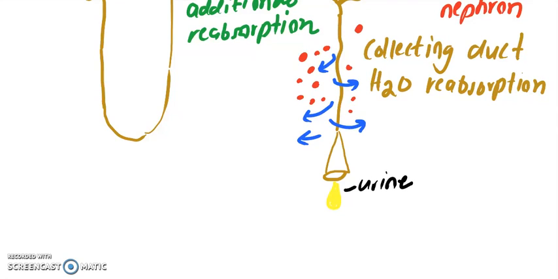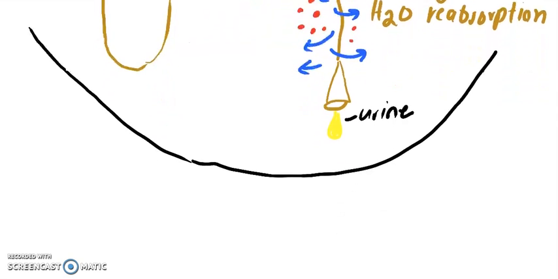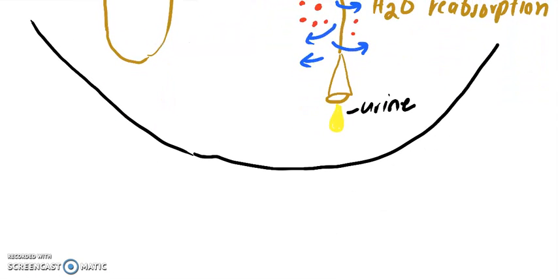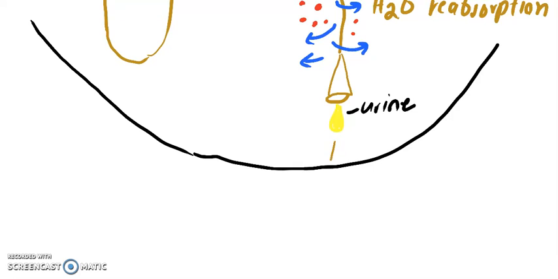And if you remember, this was part of the renal pyramid. Now we're at the base of the renal pyramid. Urine's going to travel down in this direction. It's going to hit the minor calyx first, then the major calyx.